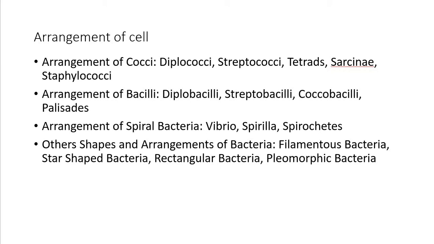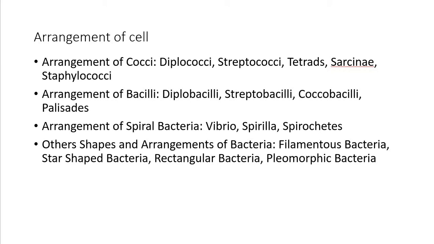So, what is Diplococci? Cocci divide in one plane and remain attached in pairs. We can give an example of Diplococcus pneumoniae. Streptococci: here cocci divide in one plane and remain attached to form chains of different lengths.